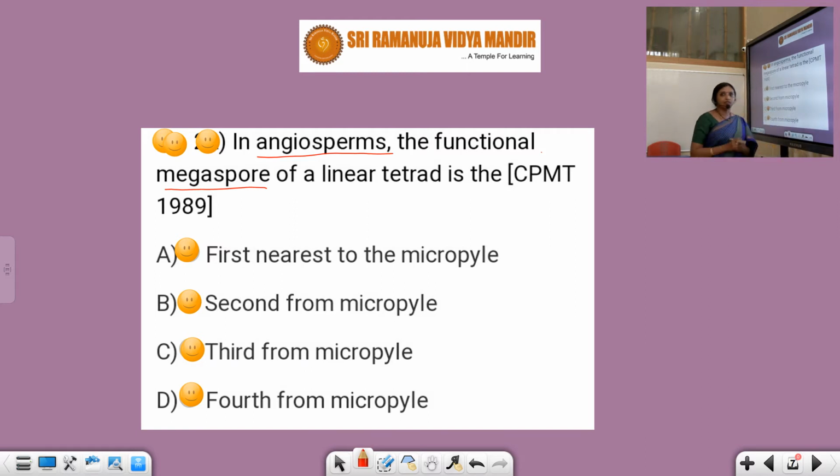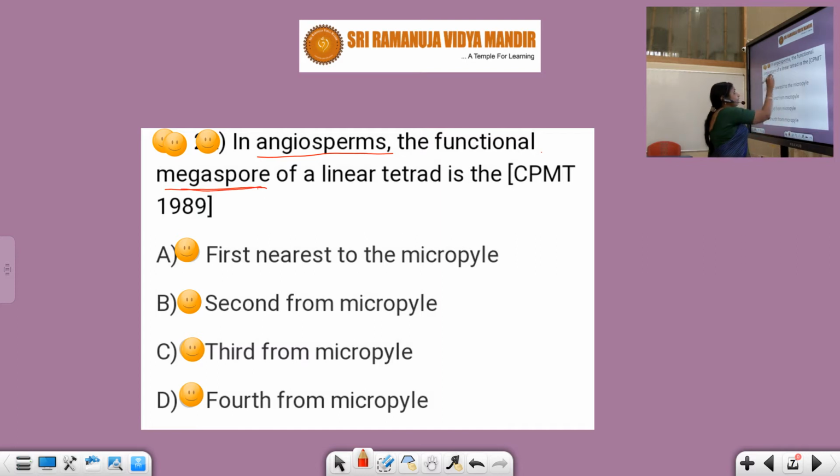When megaspore mother cell undergoes meiotic division, how many megaspores are formed? 4 megaspores are formed. And out of 4, 3 degenerate and 1 acts as functional megaspore. So here, in the microspore case, we told that 3 degenerate and only 1 acts as functional microspore.